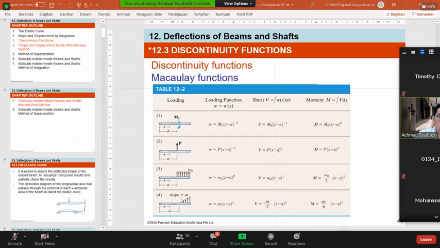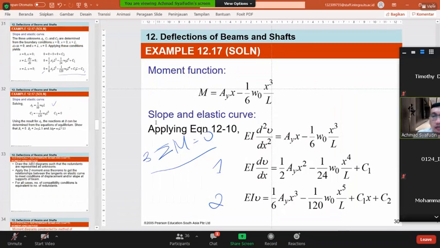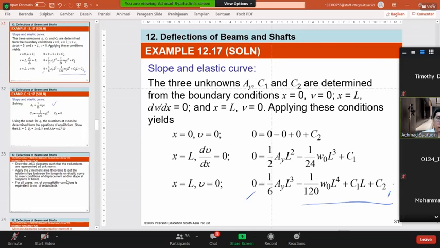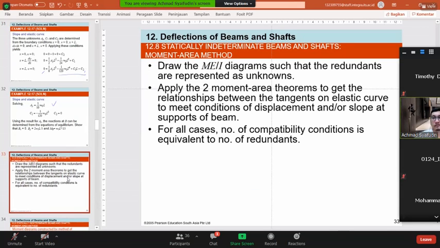Discontinuity is this one. This slide talks about the moment area method for indeterminate problems or indeterminate structures.